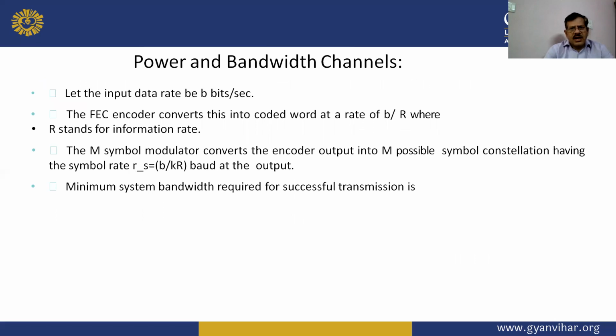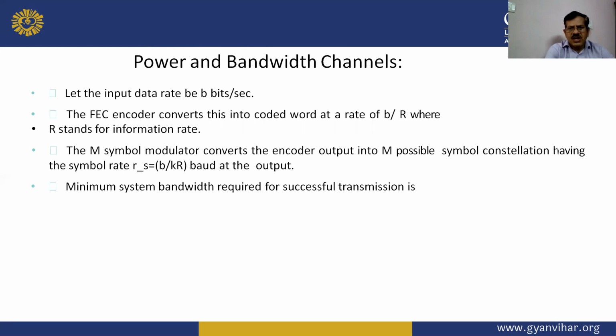What is the power and bandwidth of the channel? Basically, bandwidth is the difference of the two frequencies, high frequency minus low frequency, or bandwidth is the path of communication. So let the input data rate be B bits per second. The FEC encoder converts this into coded words at a rate of B/R bits per second, where R stands for information rate.